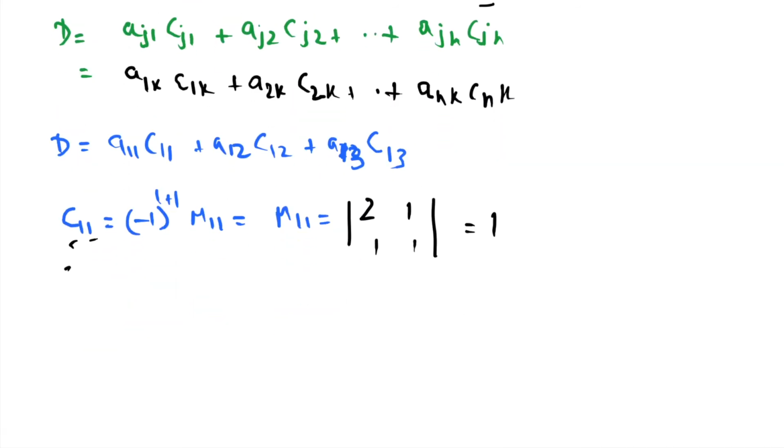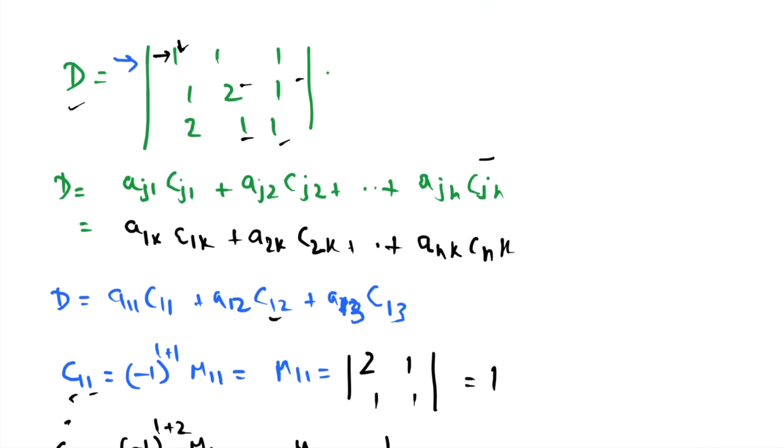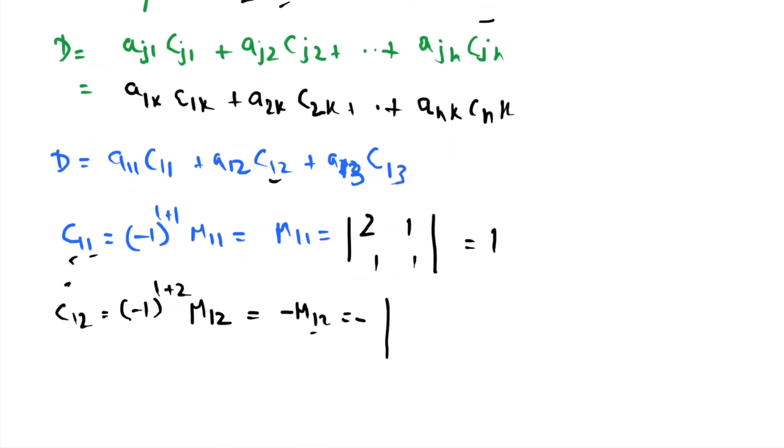So now let's look at what C12 is. C12 will be equal to minus 1 raised to the power 1 plus 2 times M12, and this will be equal to minus M12. You have to eliminate the first row and the second column now.